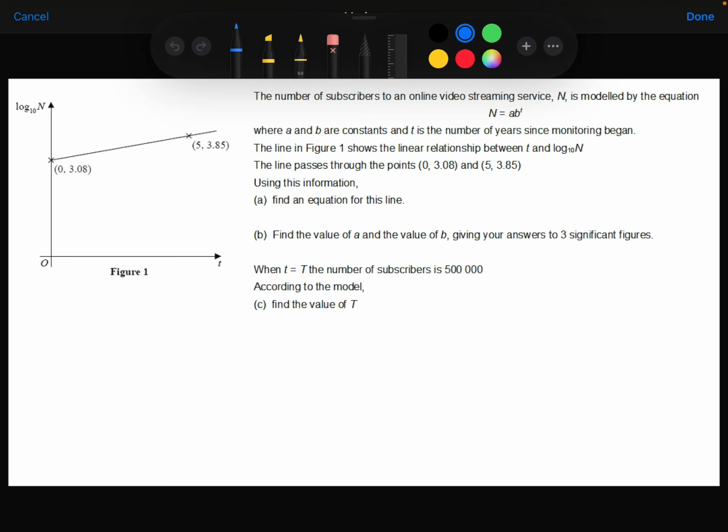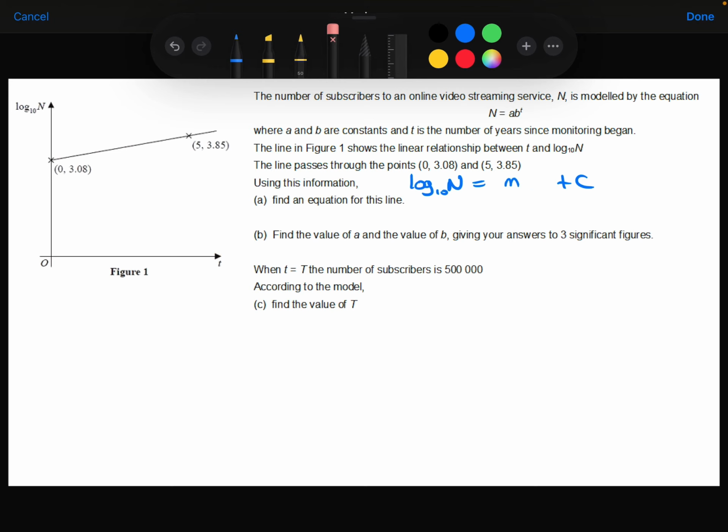So it's a straight line, so y equals mx plus c. But in this equation, it's not y on the y-axis, it's actually log base 10 of n. So let's replace that with log base 10 of n. And looking at the x-axis, we can see it's actually t.